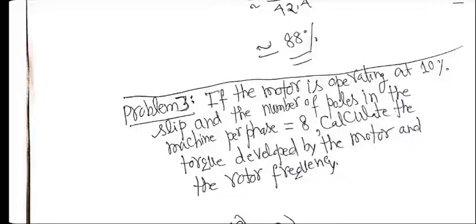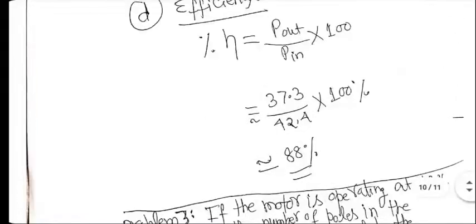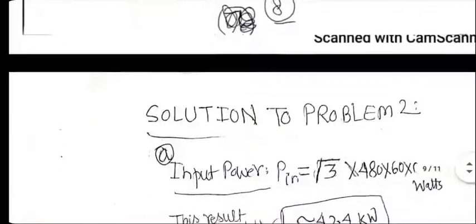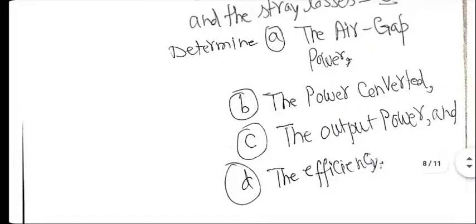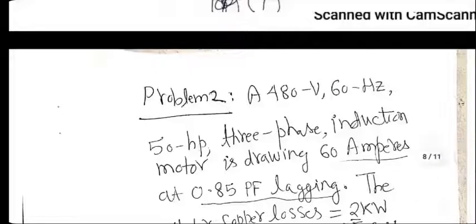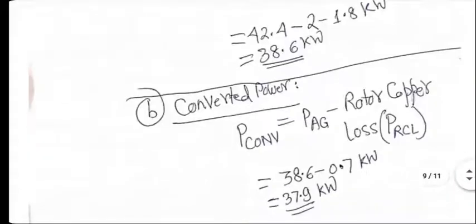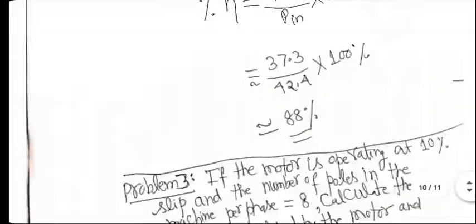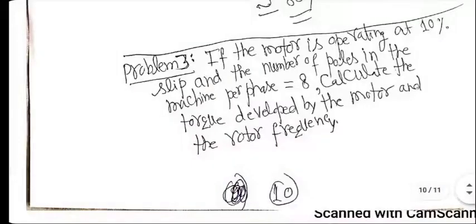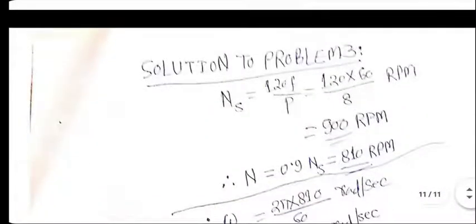Okay, interesting question. First thing you need to do here is calculate synchronous speed: 120 F1 divided by P. F1 is 60 Hertz, 120 into 60, and number of poles is given as 8. Calculate NS from there.